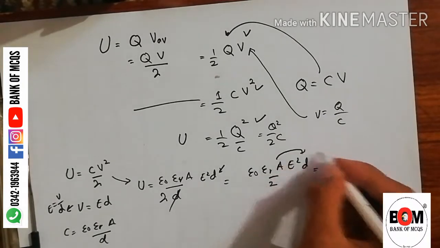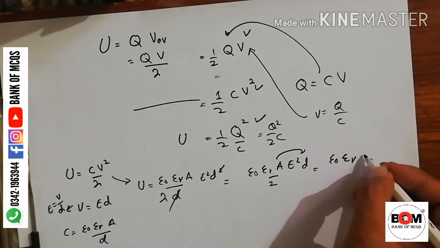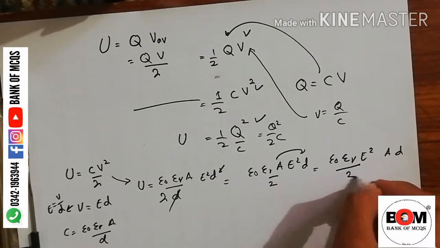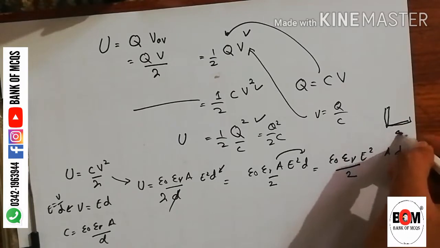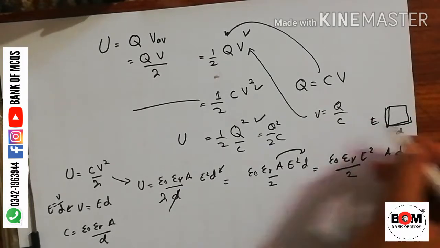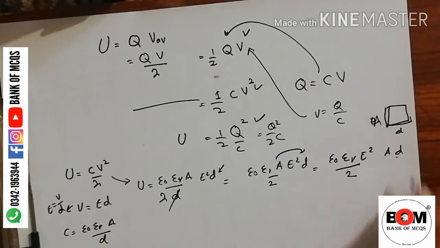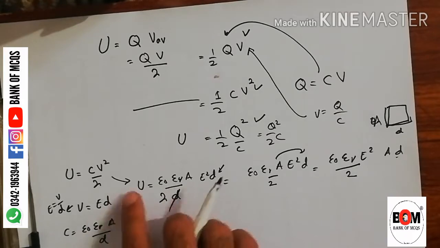Taking d and A out, we get epsilon naught epsilon r E square into A d divided by 2, where A is the area and d is the distance. So A and d give us the volume. So this is the final equation of energy.